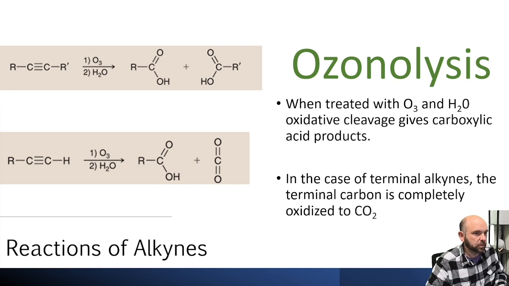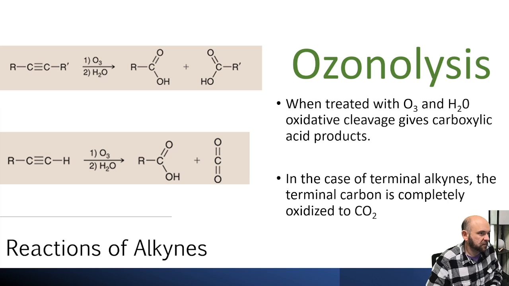Our next reaction that we'll talk about is ozonolysis, and this might be one of the first examples of a reaction that helps us break a carbon chain. So we can see that when you take an alkyne and you treat it with ozone, which is an O3 molecule, so you have a solvent with your alkyne dissolved in it and you bubble ozone through that solution, the ozone will cleave the triple bond, oxidative cleavage, meaning it will break that triple bond and insert oxygens on those carbons that share the triple bond.